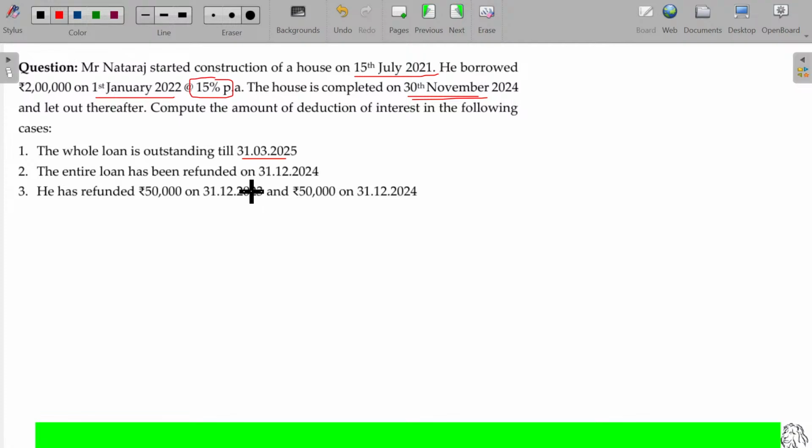Whole loan is outstanding. First scenario. We'll now find out the pre-construction period. Starting date being whichever is later of number 1, commencement of construction, and number 2, date of borrowing.